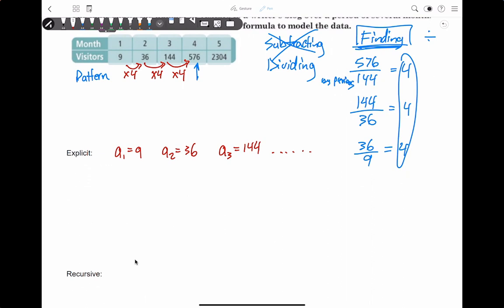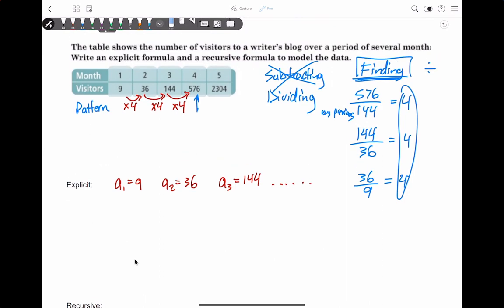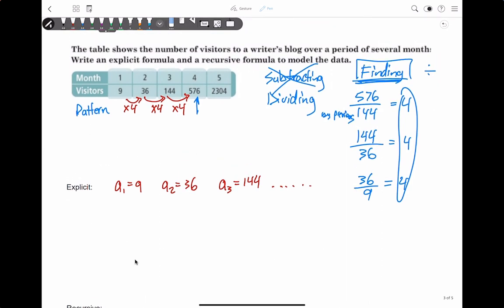So with that in mind, it looks like it started at 9. Its starting value in the explicit formula is when n is 1, and it started at 9.